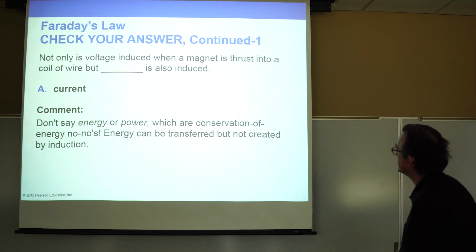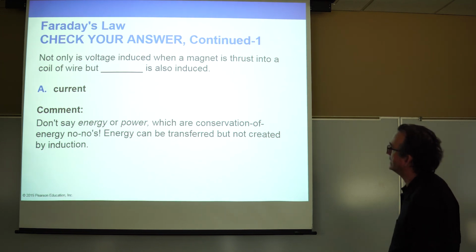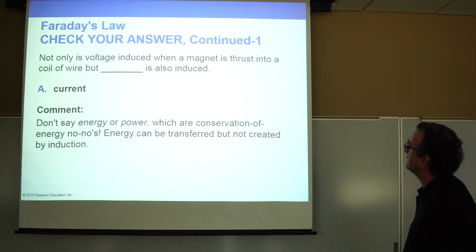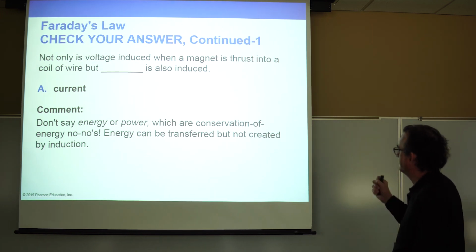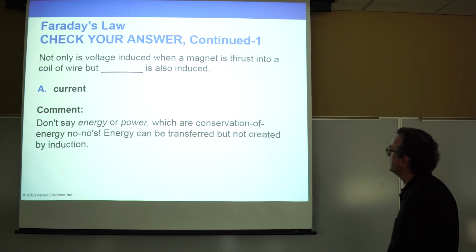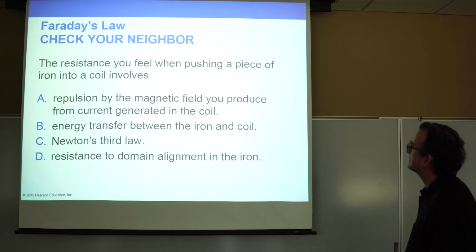So energy can be transferred, but it cannot be created by induction, and I think that's what makes this the right answer. We can supply the energy by vigorously moving the magnet in and out of the coil, and we do get electrical energy as a result, but it's only because we've supplied mechanical energy and we have not created it. So that one looks pretty good.